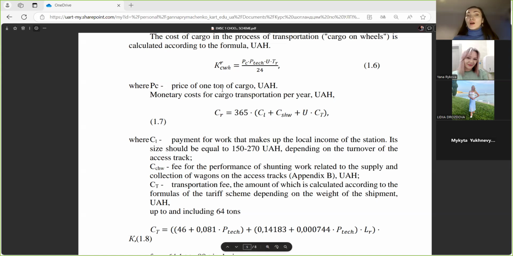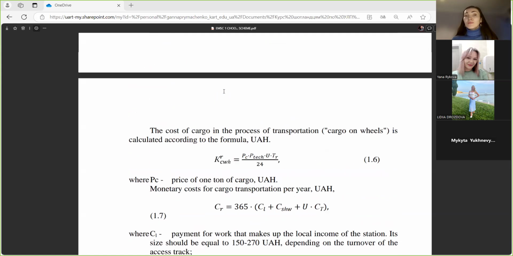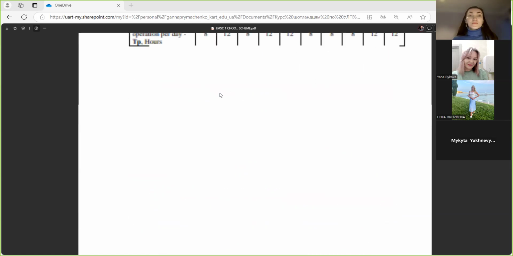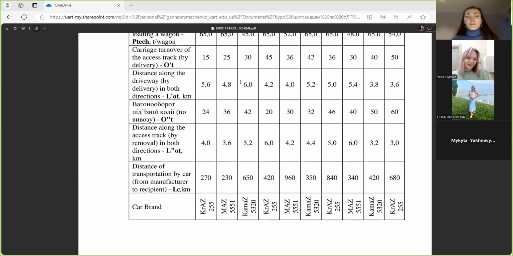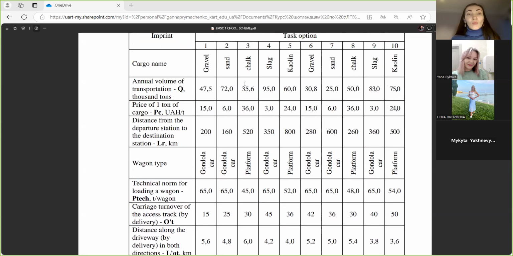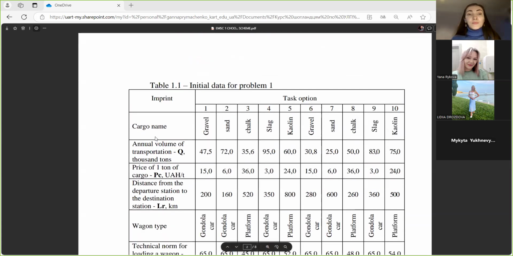Okay, price of 1 ton of cargo, P with index C. I open it, it is the fourth line of our table. Price of 1 ton of cargo, P with index C, it's hryvnias per 1 ton. For example, first variant 15, second variant 6, third variant 36. Find please your information.